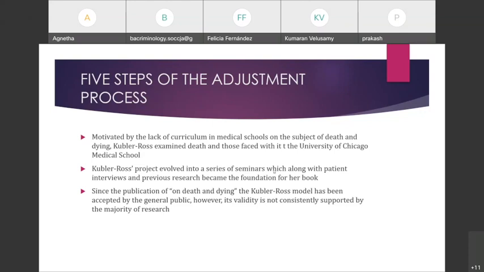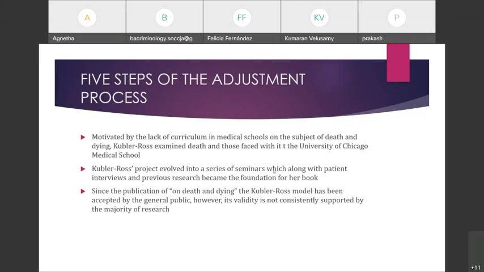Any idea? What are the stages of grief? Can someone tell me? Yes, tell me guys quickly. What are the stages of grief?